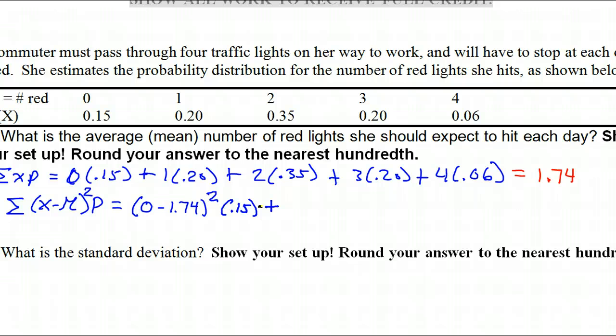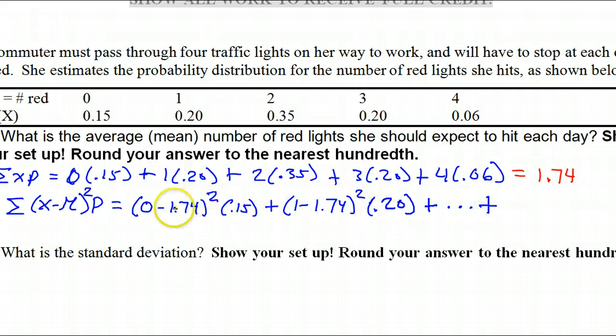Okay, and then let's do another term. All right, x minus the mean, so 1 minus 1.74 squared, and then times the probability, 0.2. Okay, now I'm going to go ahead and put a plus.